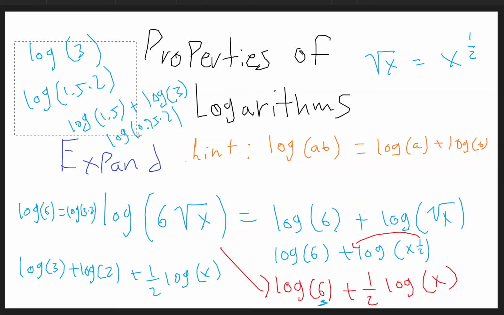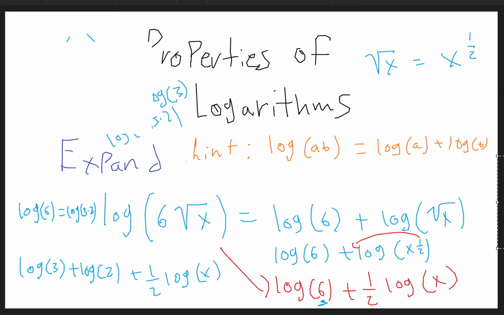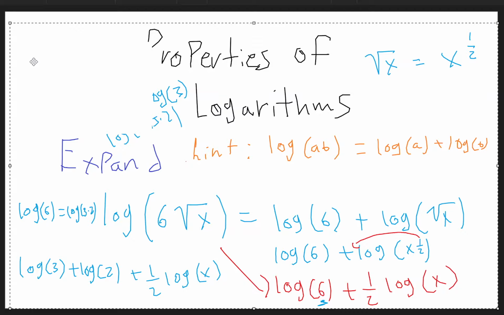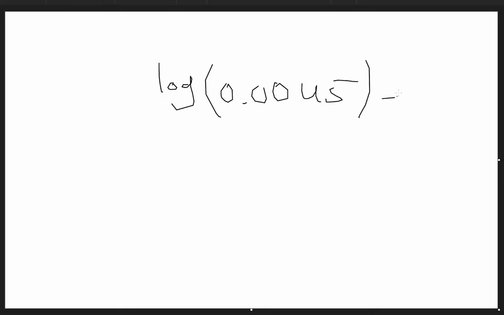I don't know why I made it all like, oh, 3 log of 3. We can really simplify it. When it says simplify, I'm just gonna erase the whole thing here. When it says simplify, you should not have an answer like log of 0.0045 plus etc. plus log of 7 plus log of, you get the point.